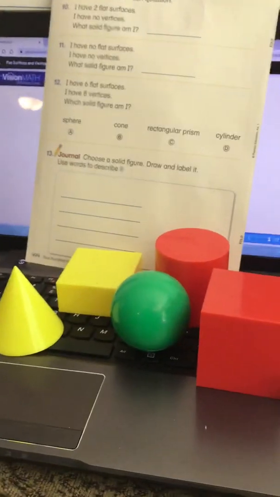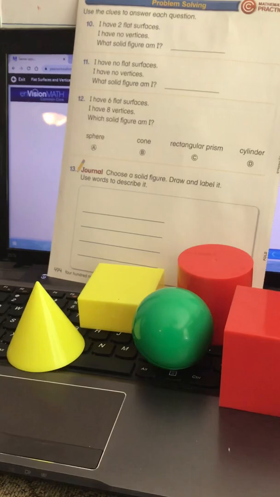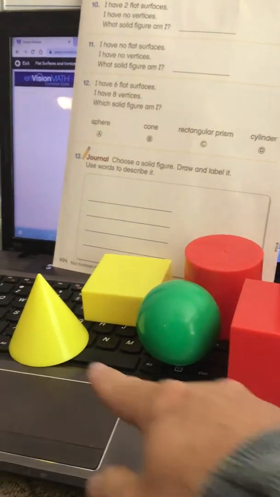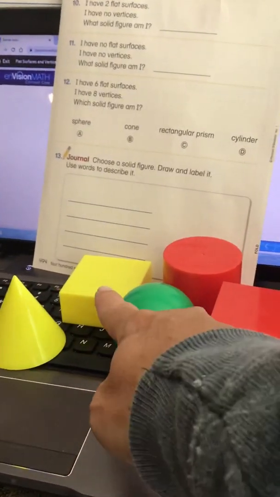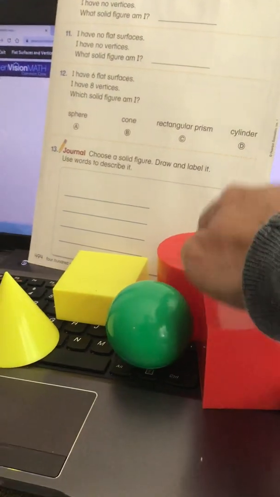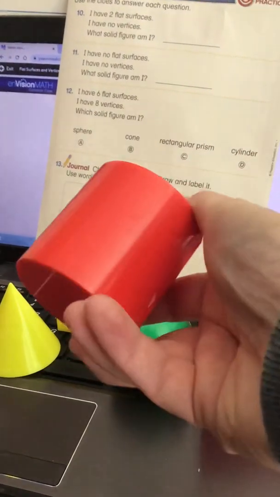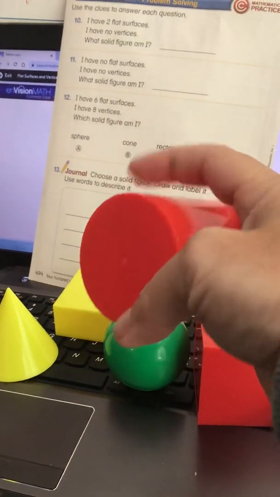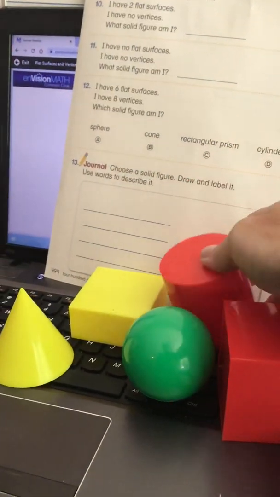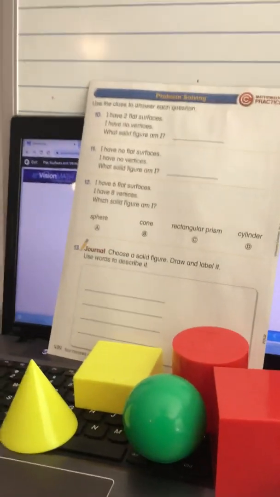Okay, so here's a couple. 2 flat surfaces. So this one has 0. This one has 1, 6, 6, 2, 1, 2. I have no vertices. Well, that's right too. This one does not have any points or vertices. Which solid figure am I?